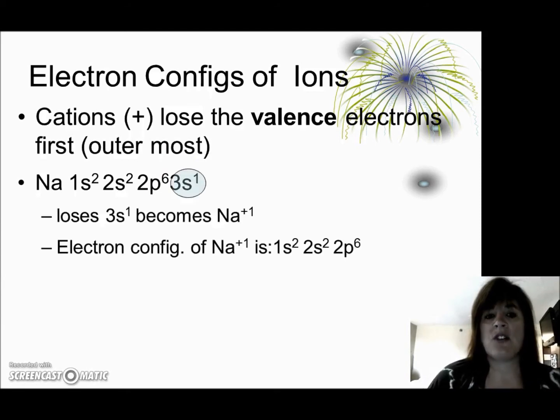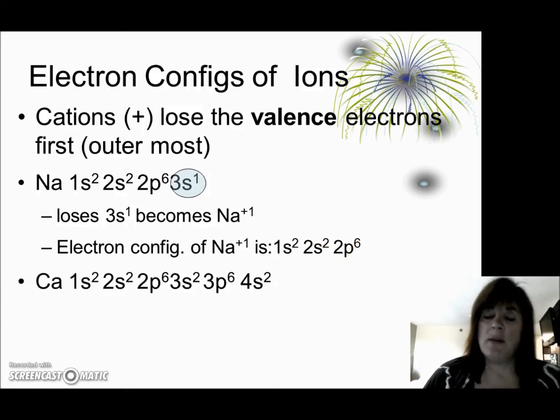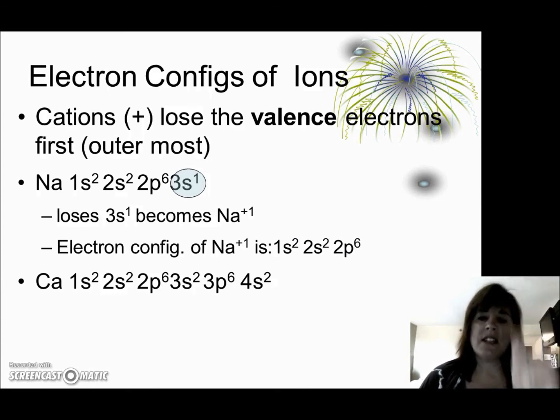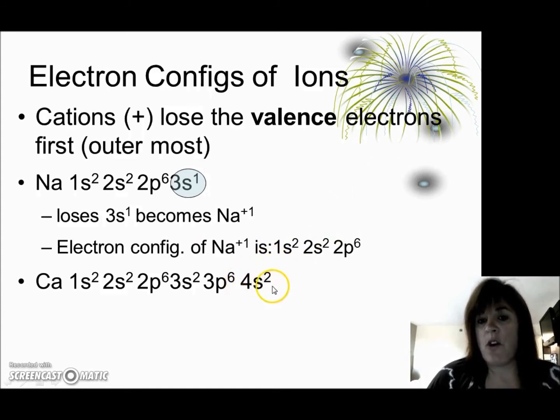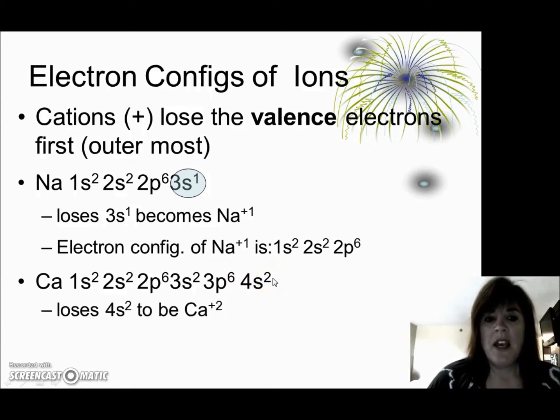So if I wrote its electron configuration, sodium loses that 1 electron, and the electron configuration now is 1s2, 2s2, 2p6. Same thing with calcium. Calcium is in that second column, and I said everything in that second column is +2. So calcium is going to lose its valence electrons, which is a 4s2. Those are my outer electrons.